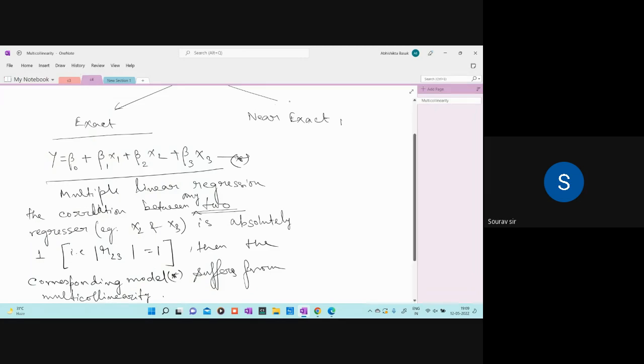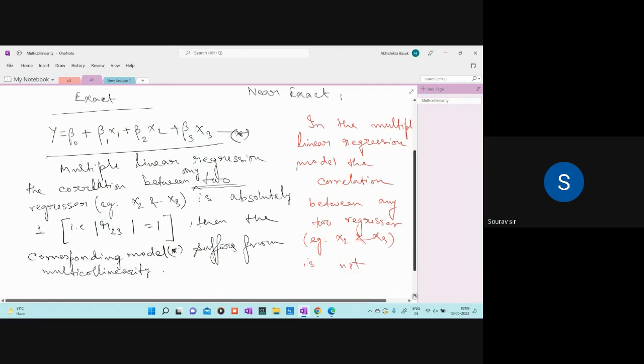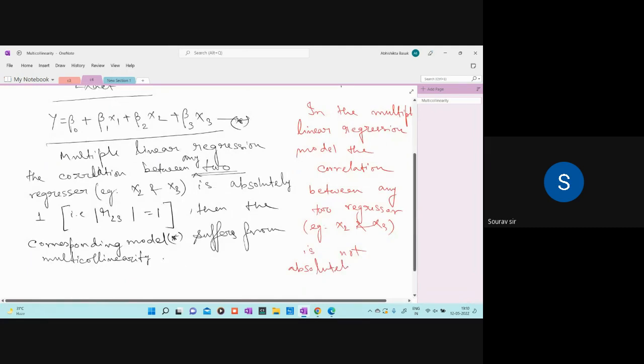Here in a multiple linear regression model, if the correlation between any two regressors, I am taking the same example, x2 and x3, is not absolutely 1 but is close to 1, then we say that the problem is near exact multicollinearity.